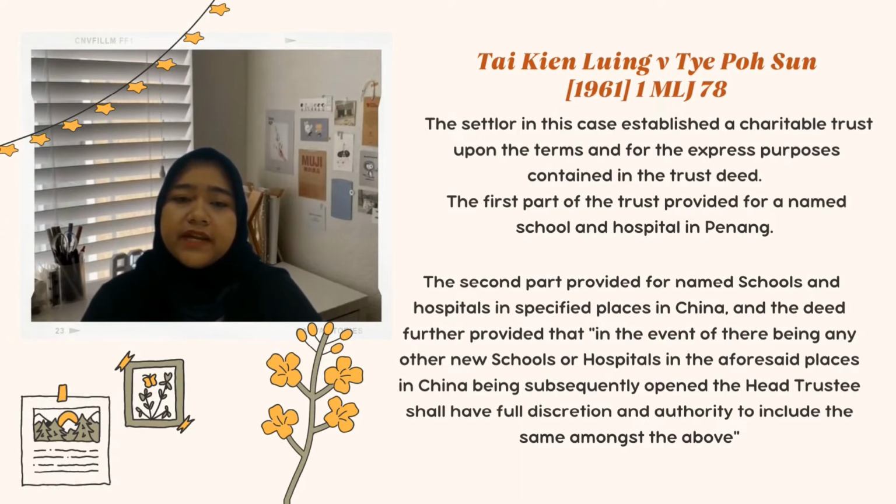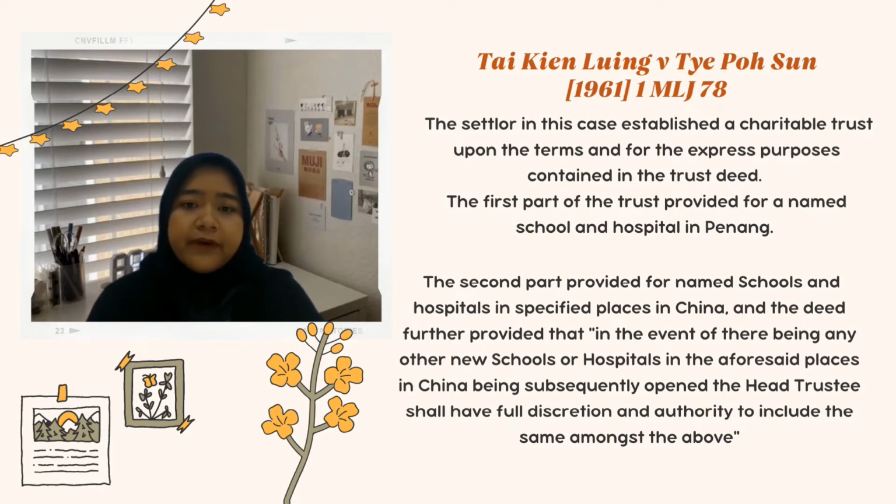One example of a Malaysian case involving supervening impossibility is the case of Tai Kian Luing against Teh Po San 1961. In this case, the settlor established a charitable trust upon the terms and for the express purposes contained in the trust deed. The first part of the trust provided for a named school and hospital in Penang.